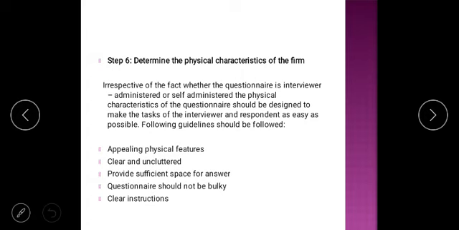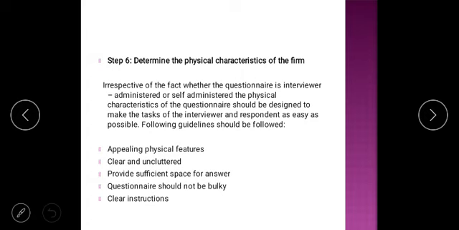In the same way, the physical characteristics of a questionnaire mean how it appears to the respondent. It should have appealing physical features, be clear, and provide sufficient space for the answers. While preparing the questionnaire, the spacing should be correct. The questionnaire should not be bulky or too lengthy.